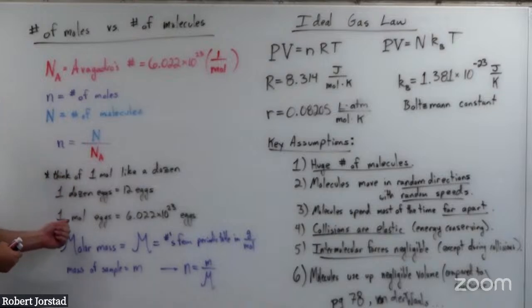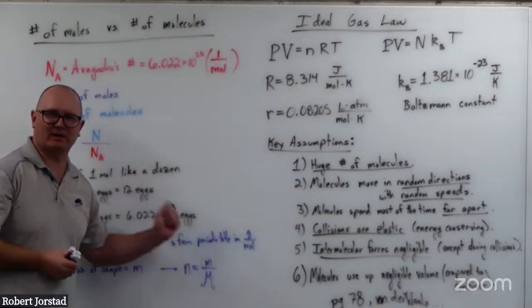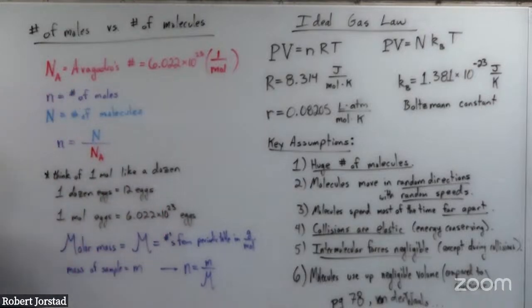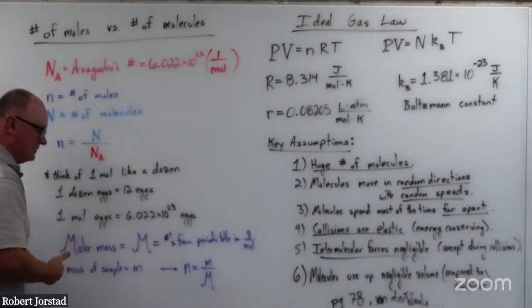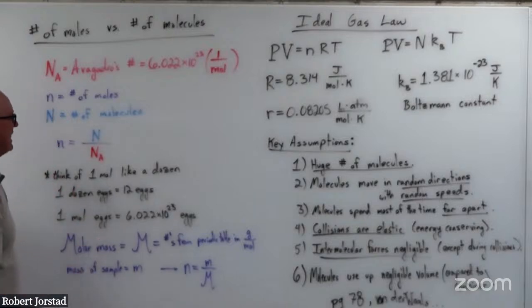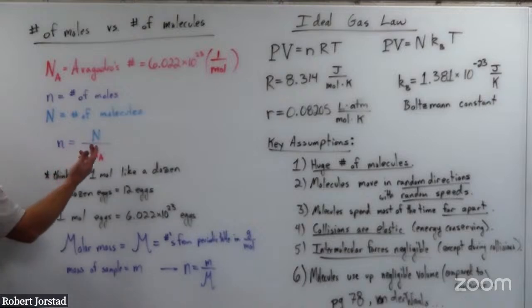If I have 1 mole of eggs, that's 6.022 times 10 to the 23rd eggs. So mole is not really a unit, but it is and it isn't in that sense. But yes, it's basically a descriptive term for the number of particles you have.